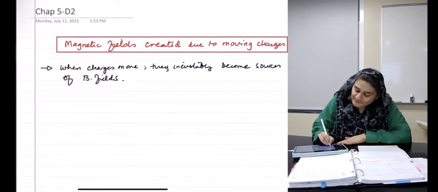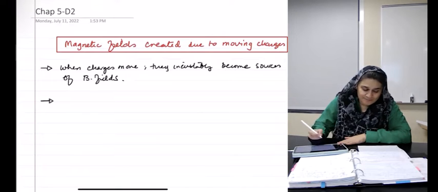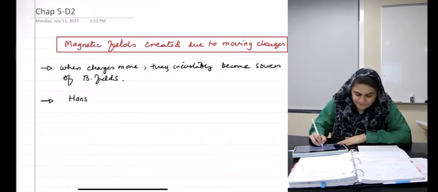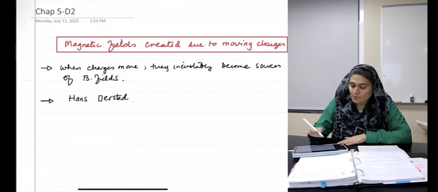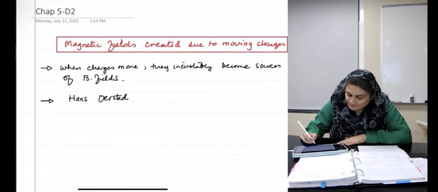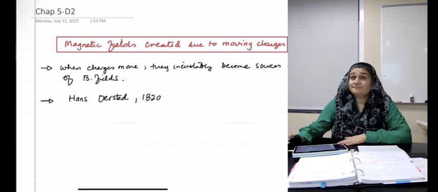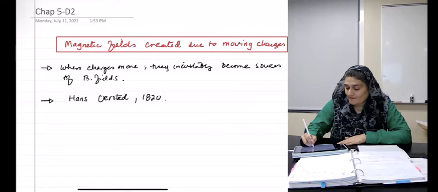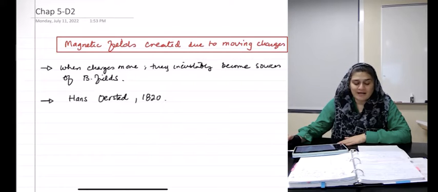Okay, so the first person that observed it, his name was Hans Ørsted, in 1820. He was a Danish physicist and a chemist.